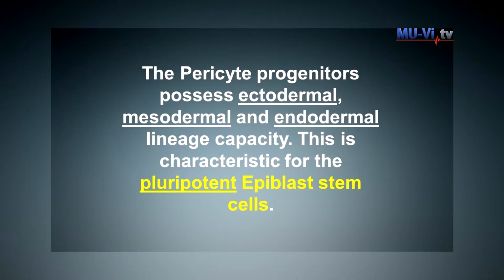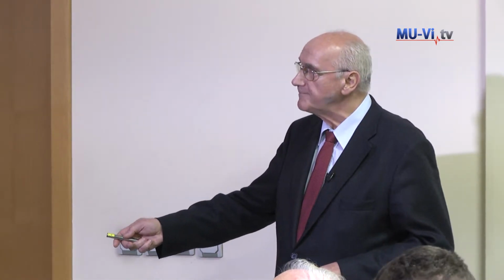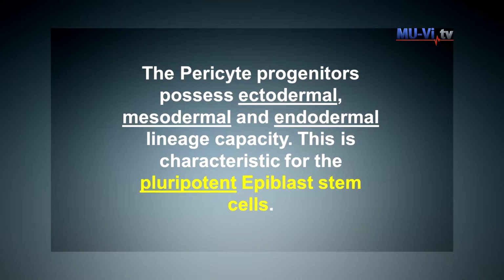The pericytes are now established to possess mesodermal, ectodermal, and endodermal lineage capacity. This capacity is very characteristic for the pluripotent epiblast stem cells, also one of the earliest cells which originated during embryogenesis.